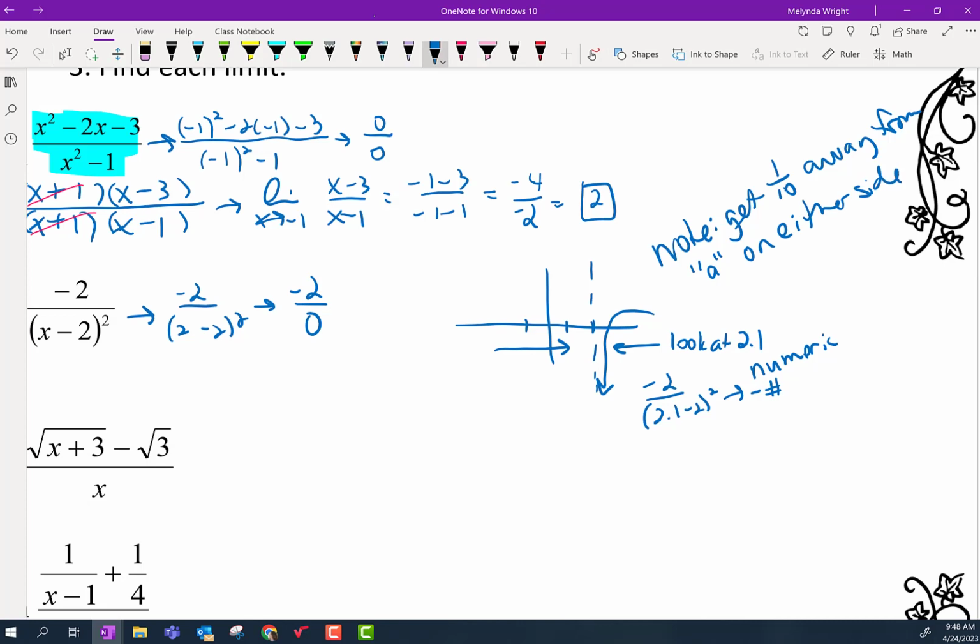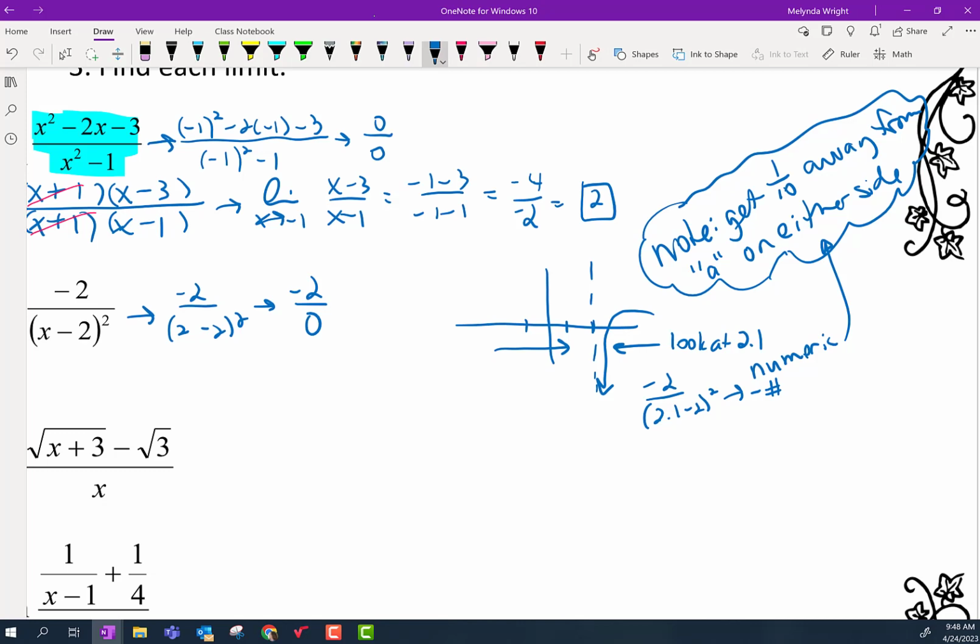This will never go wrong for you for the type 3. You want to get 1/10 away from A on either side. This is doing it numerically, which is typically a faster way than fully graphing this. So you want to go 1/10.